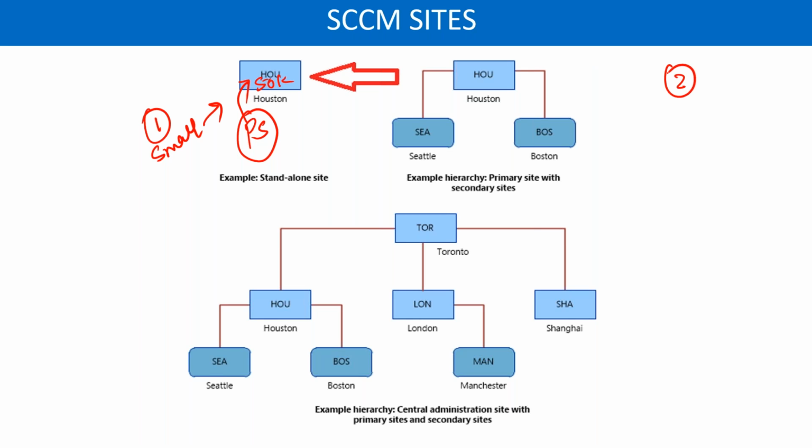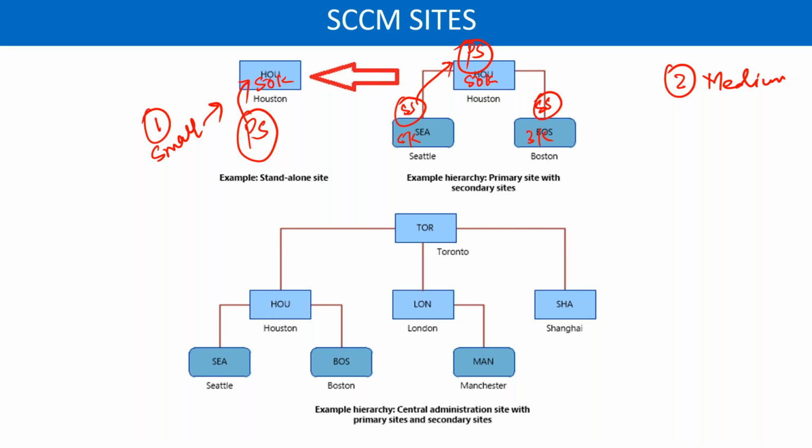The second architecture diagram is what you will see in companies 99% of the time, wherein you have a headquarters and branch offices. So if your devices are split across locations, let's say 50,000 devices in Houston, 5,000 devices in Seattle, and 3,000 devices in Boston, you need a primary site at headquarters and secondary sites in the branch offices.